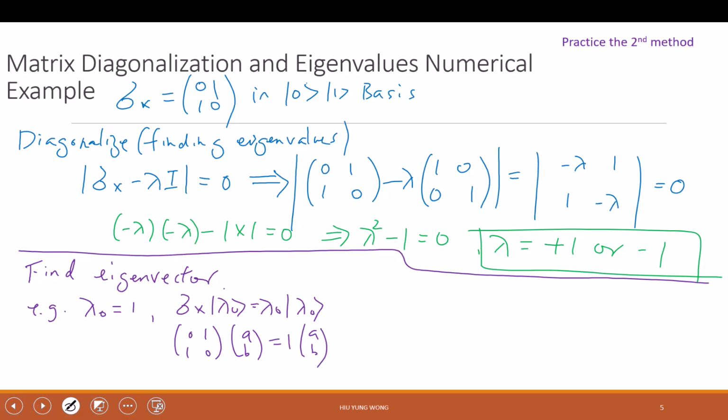Based on this, it means BA equals AB. 0, 1 times AB: 0 times A plus 1 times B equals B. 1 times A plus 0 times B equals A. Then what do we get from this equation? I have a vector equal to another vector, then it means what?